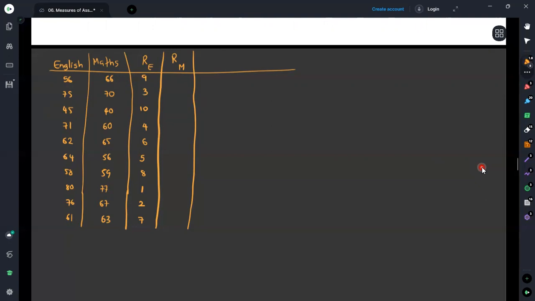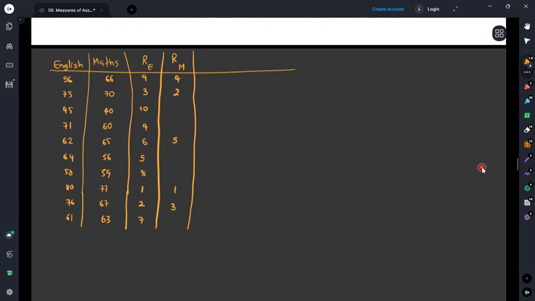When we are ranking mathematics, we can see that the highest mark is 77. Therefore, here we will get rank number 1. Then rank number 2 goes to 70. Then rank number 3 goes to 67. Then rank number 4 goes to 66. Rank number 5 goes to 65.